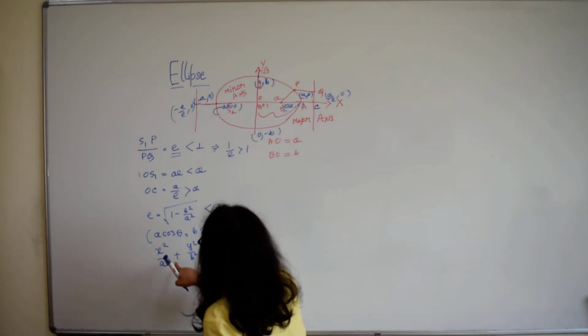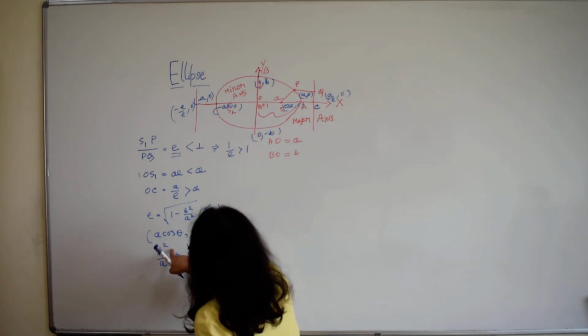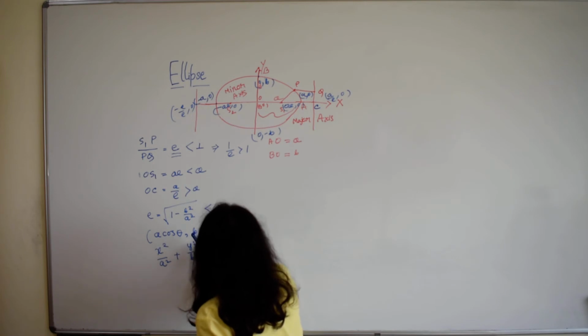If we put x equal to a cos theta in this equation, then a square will be cancelled. Here we will get cos square theta. If we put b sin theta in the y part, b square will get cancelled.